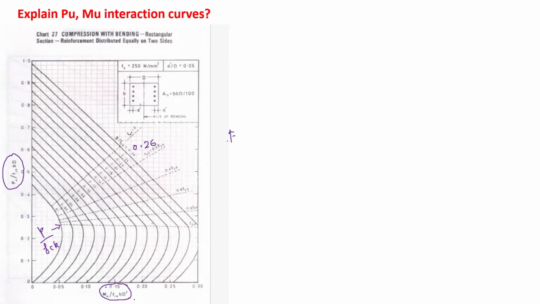If your value of P by fck is out of this, then you have to revise the column. You cannot go with this same column. You have to keep that in mind.